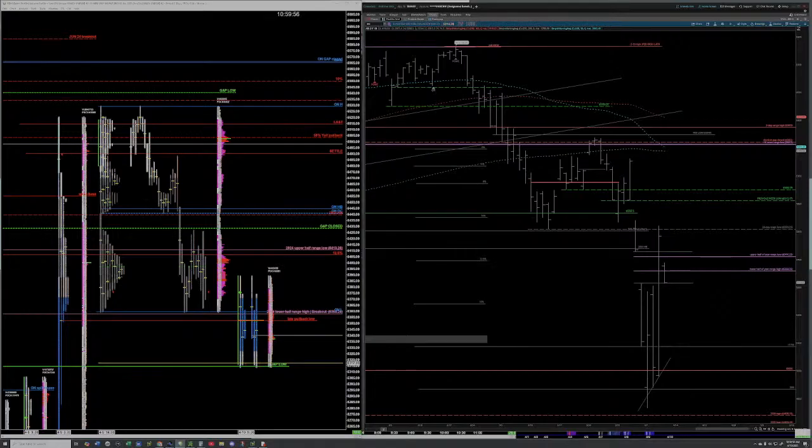Now, instead of checking the 4800s, what I'm doing is I'm checking the 49. Just checking. Look at this. Well, this bar open. This is an outside bar.